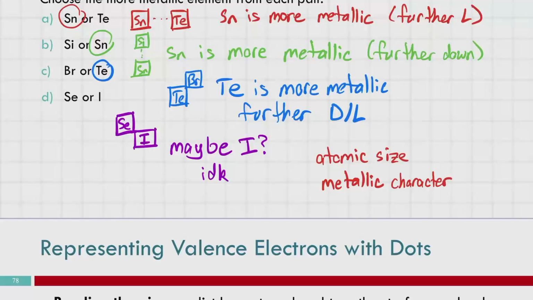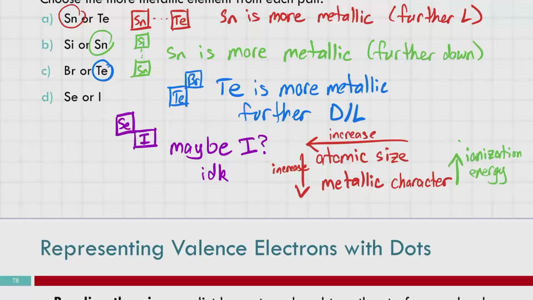These both increase to the left and down. On the other hand, we've got ionization energy, which is the opposite, it increases up and to the right. Those are our three periodic table trends.